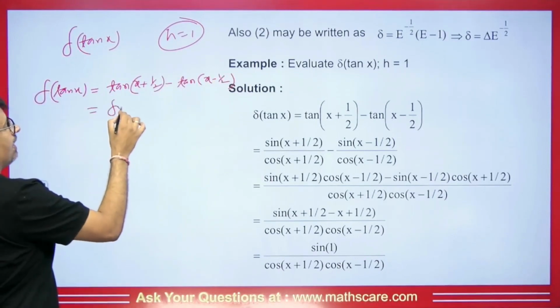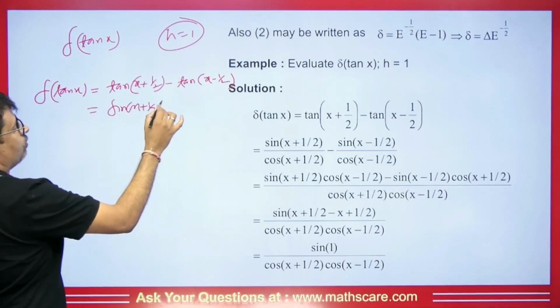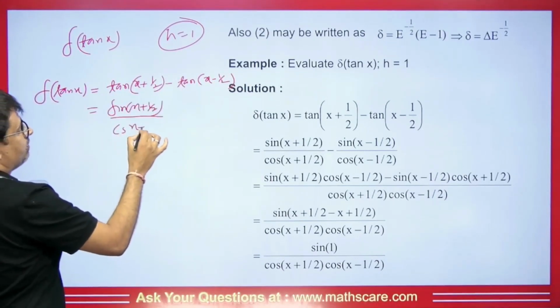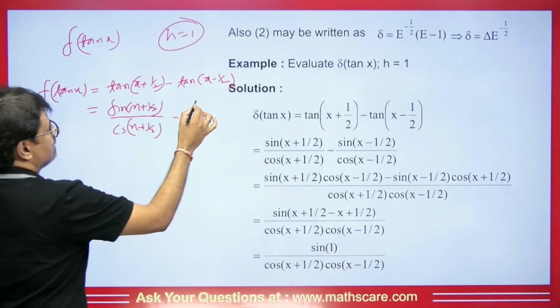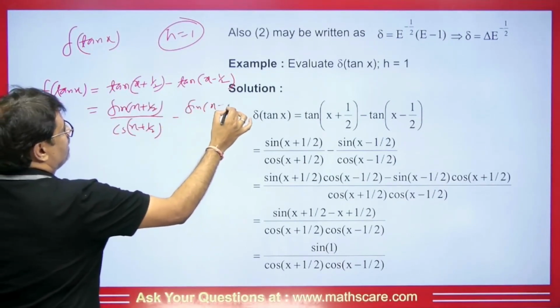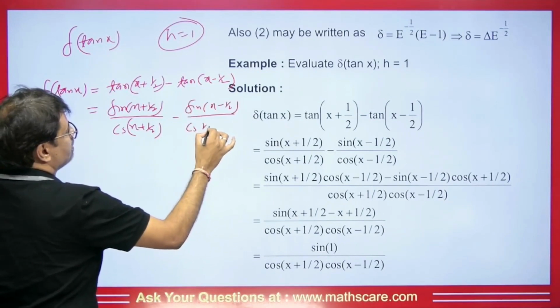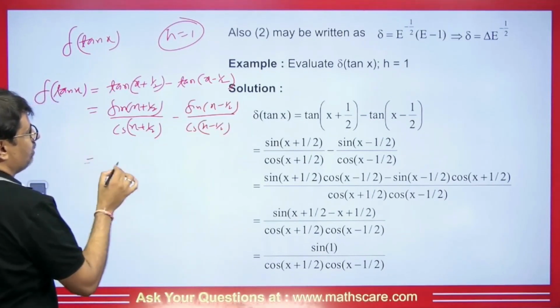Now write it here. What will come? This will come to us sin(x + 1/2) upon cos(x + 1/2), right? Minus sin(x - 1/2) upon cos(x - 1/2). Now take its LCM here.